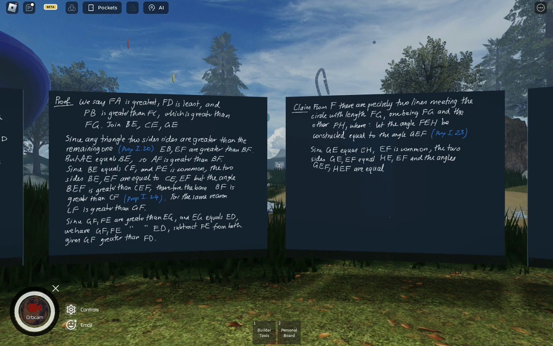So we have two common sides and a common angle, so the bases are equal.